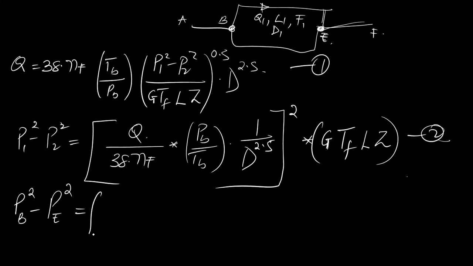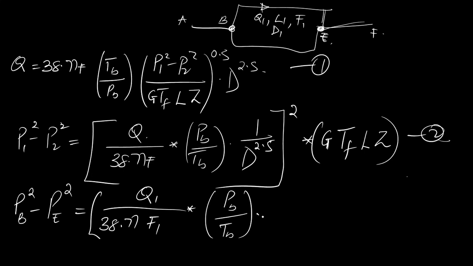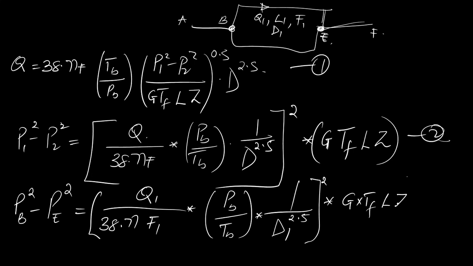Q1. You have Q1 all over 38.77 F1 times PB all over TB times 1 all over D1 raised to power 2.5, all squared times G times T, gas temperature, times L, length of the pipe segment, times the compressibility factor.